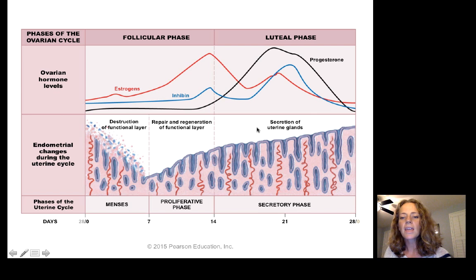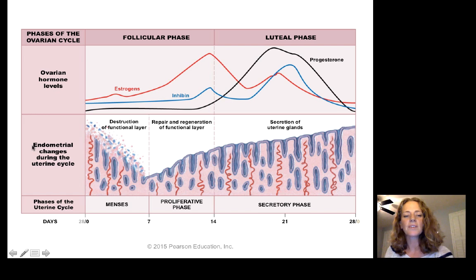So this is making a comfy, cozy, blood-filled secretory uterus that if there is a fertilized egg, it can dig into the lining of the uterus, implant, and have a safe place to grow and develop.